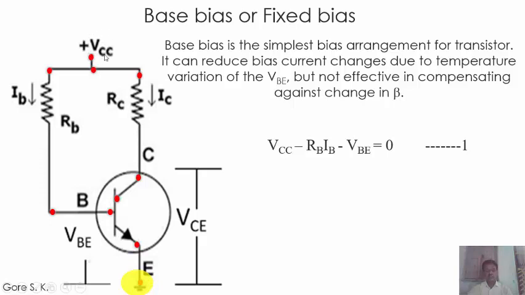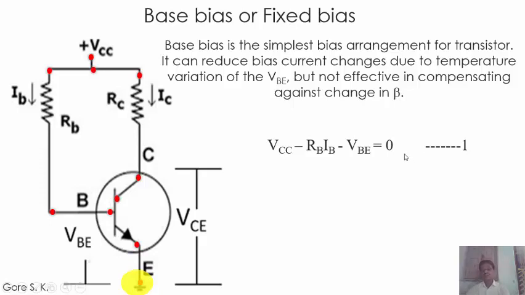This is the supply voltage VCC, the voltage drop across this resistance is IB RB, and the voltage drop from this point to this point is VBE, and then the ground. So the voltage equation becomes VCC minus RB IB minus VBE is equal to 0. Let us denote this as equation number 1.